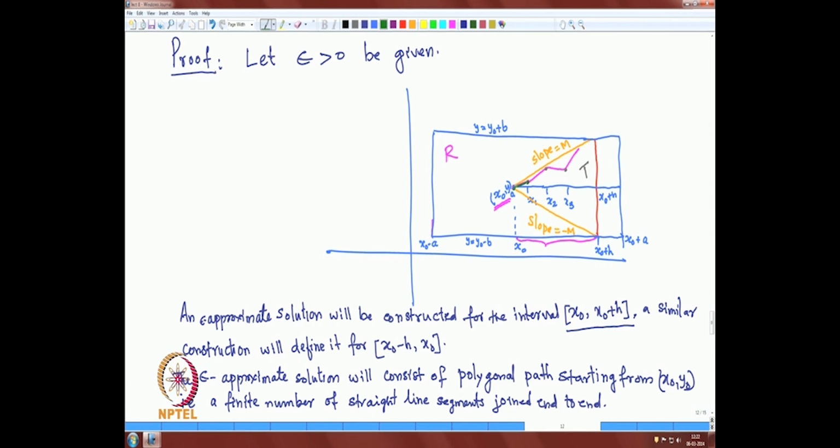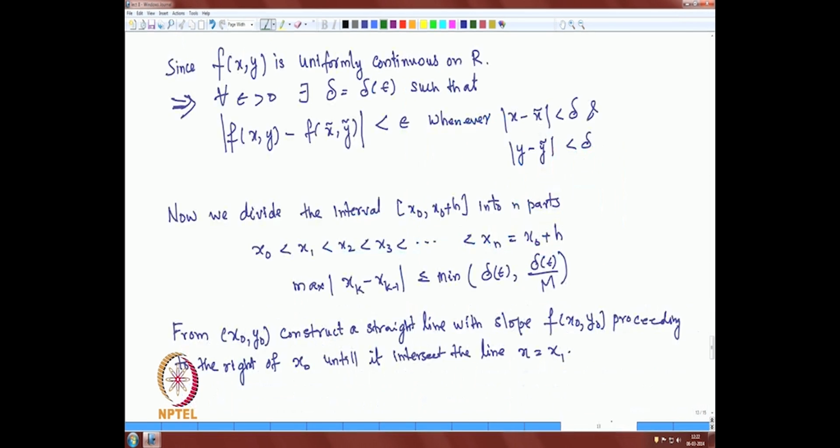So, we got a line segment having slope f(x0, y0).